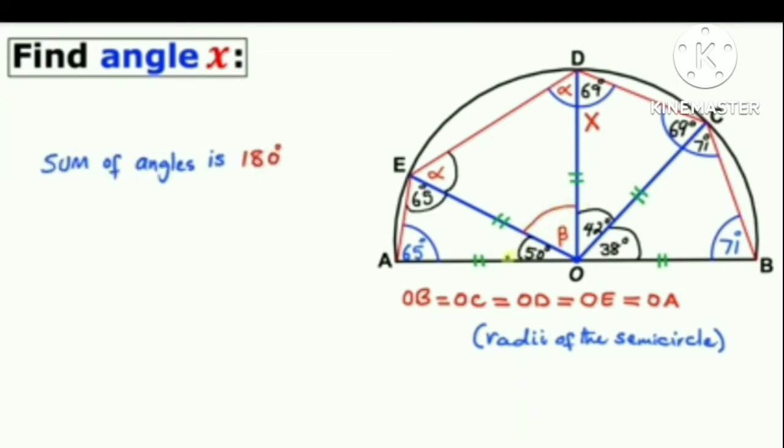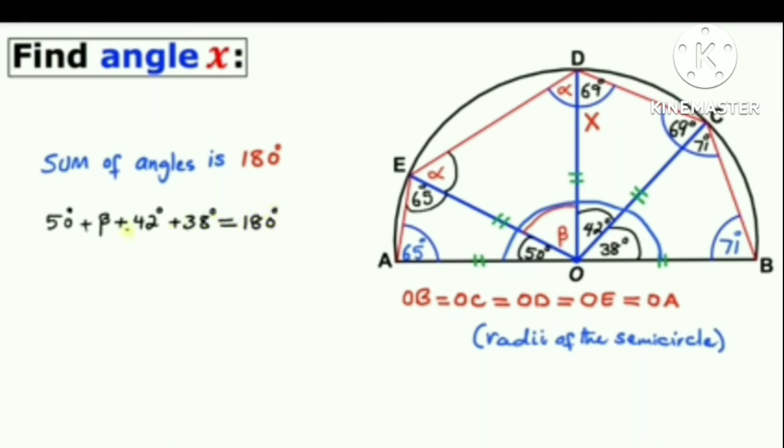Now let's focus on this whole angle. This whole angle is 180 degrees. So the sum of all these individual angles, let me add them up: 50 degrees plus beta plus 42 degrees plus 38 degrees equals 180 degrees.